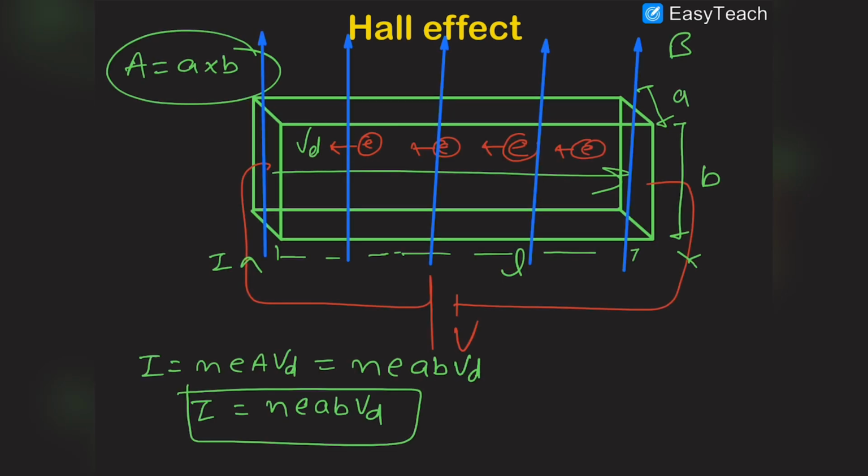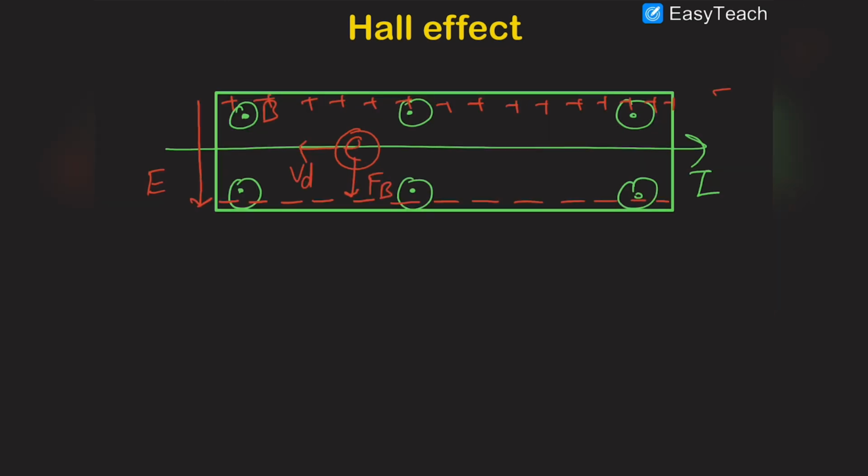Now this dimension is a, and due to this electric field which is developed in the downward direction, an electric force will start to act on the electron in the upward direction, and this electron separation or deposition will saturate when Fe will be equal to Fb.